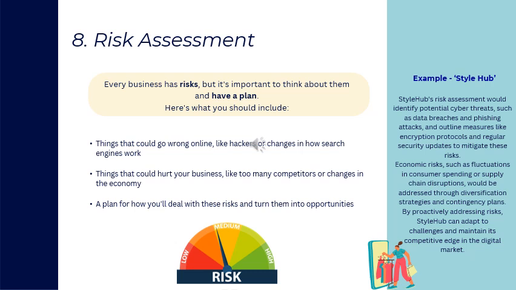Economic risks, such as fluctuations in consumer spending or supply chain disruptions, would be addressed through diversification strategies and contingency plans. By proactively addressing risks, Style Hub can adapt to challenges and maintain its competitive edge in the digital market.